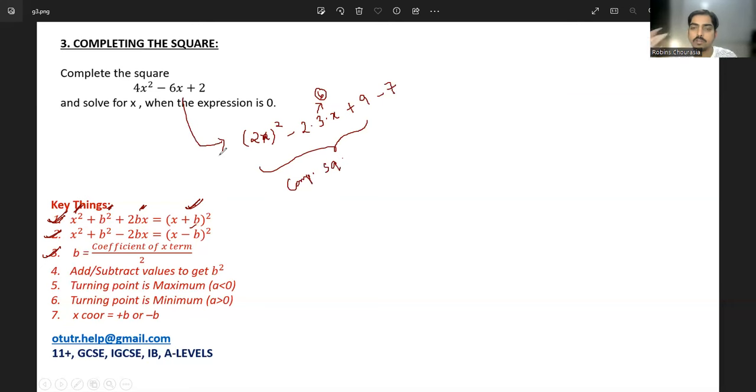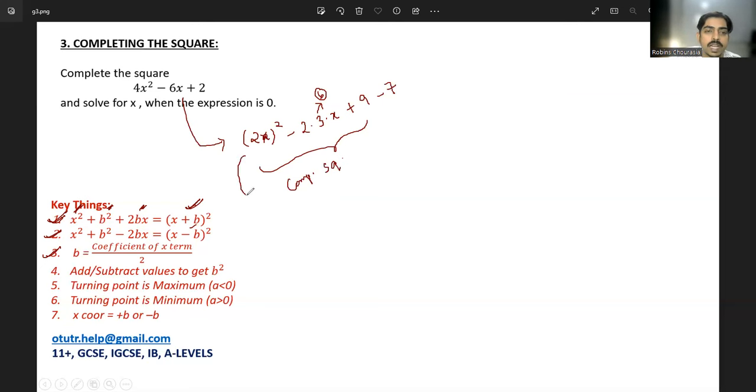What you add, you have to subtract the same thing as well. Adding and subtracting a value to an expression doesn't change things, and in an equation, if you add the same thing on both sides, or subtract the values on both sides, the equation doesn't change. So we can add 7 and subtract 7. That doesn't make any difference.